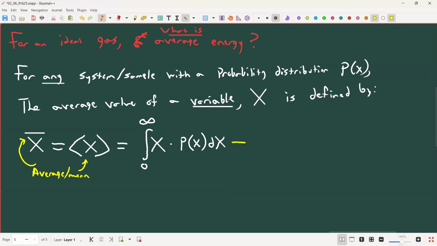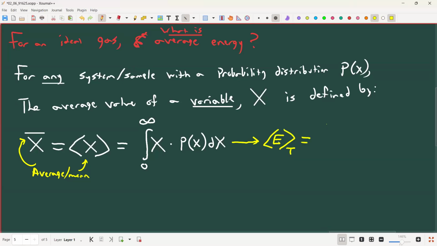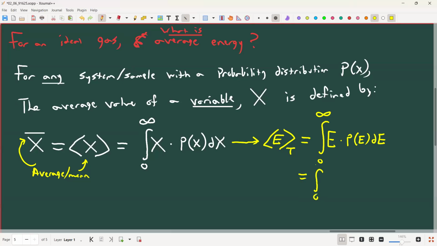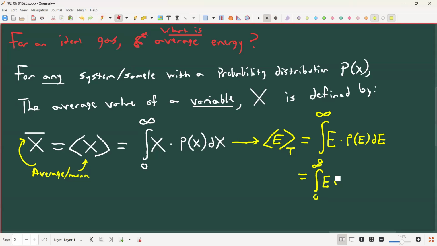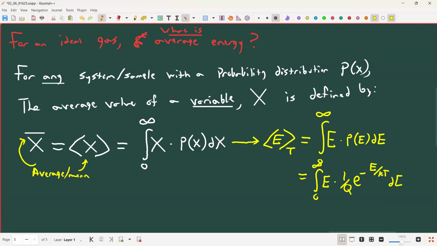So just as an example, the average value of the energy at some temperature T is equal to the integral from 0 to infinity of E times P of E dE, which is, I'll just plug it in, 0 to infinity E times, oh, sorry, I forgot the Q, 1 over Q, e to the minus E over kT dE, right?